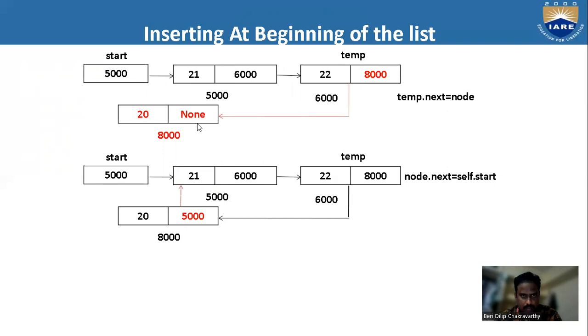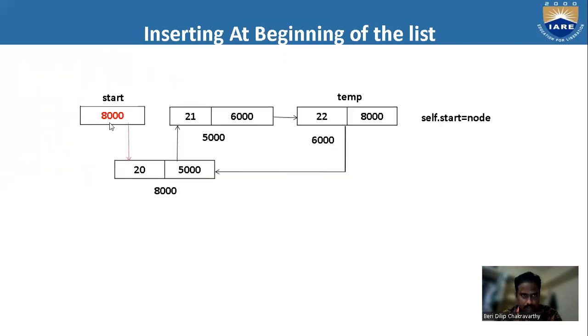I just removed none, I placed the address of 5000. So finally 8000, this is my starting, and here I'm giving 20 and 5000. So this node becomes my first node. Like this, here I'm going to give the address of the first node, that is 8000, given here. I hope it is clear.